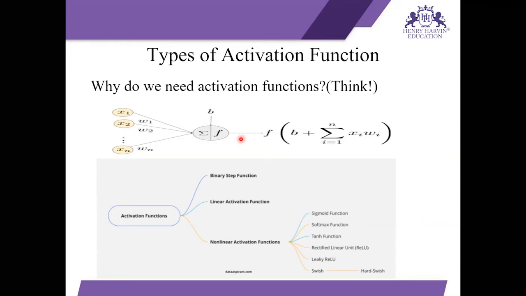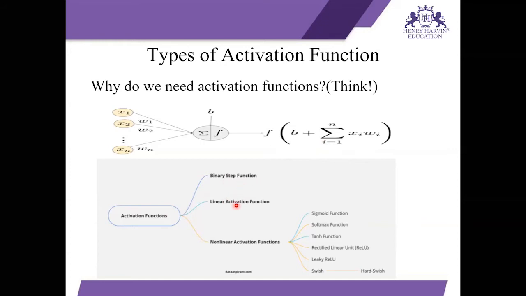So we apply a non-linear transformation to the inputs of the neuron, and this non-linearity in the network is introduced by the activation function. So basically, activation functions are used to introduce non-linearity.